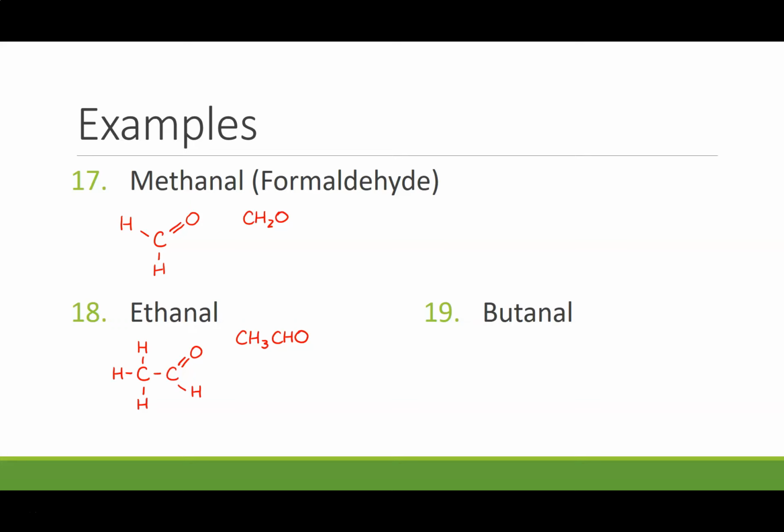Number 19, butanal. But means 4 carbons. Again, the -an tells us that the 4 carbons are all bonded by single bonds. The -al ending tells us that the carbonyl is at the end of the chain. And let's fill in all of the hydrogens.